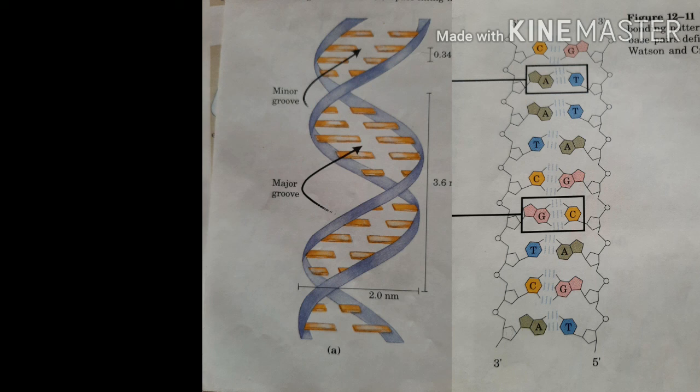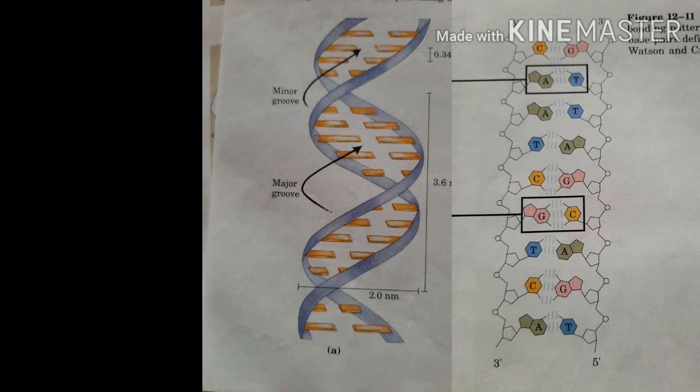Such places where purine-purine bonds are supposed to form would be wider, but where pyrimidine bonds are supposed to form would be thinner. That means along the length of the DNA, the 20 angstrom diameter would not be maintained, but actually there is 20 angstrom diameter throughout the length.